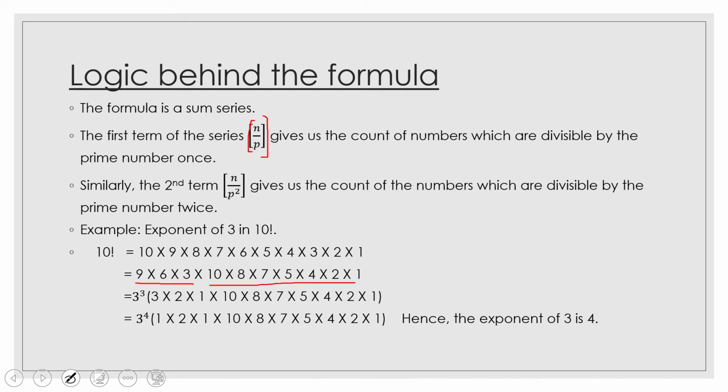Now, if we take one 3 from each of the multiples, we get 3 cube and we can write the rest as it is. Now, if we take a 3 for the second time, we can take it only from this 9. So, now we get 3 raised to 4 and we can write the rest as it is. Now, this part cannot be divided by 3 anymore. So, the exponent of 3 in 10 factorial is 4.